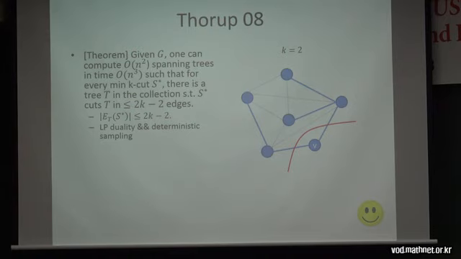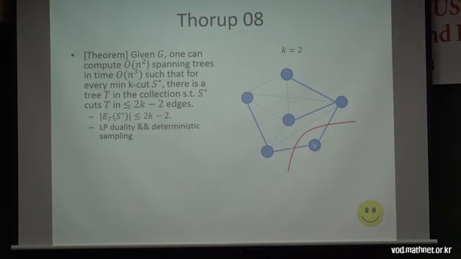It says that given a graph G, we can efficiently compute n squared spanning trees of this graph, such that for every min k cut S star, there is a tree T among those n squared trees such that S star cuts T in at most 2k minus 2 edges. Okay, so this was the main theorem. I'm not going to show the proof, and we will use it as a black box.